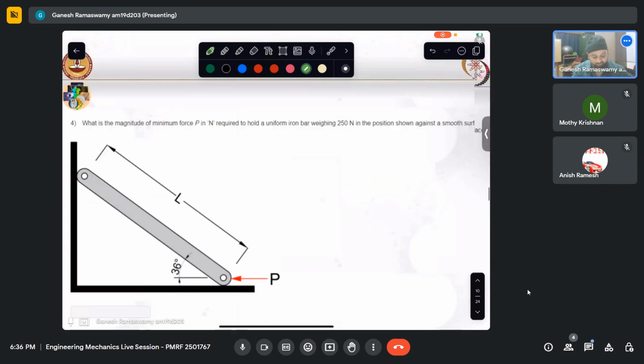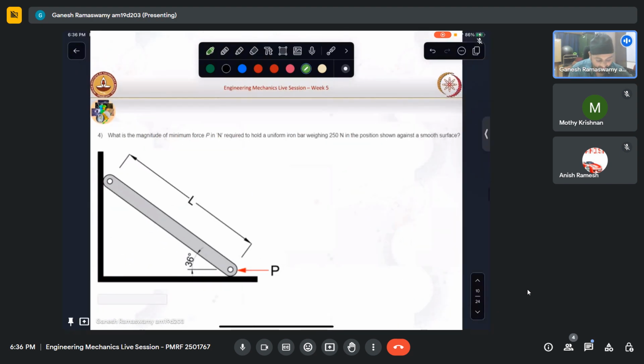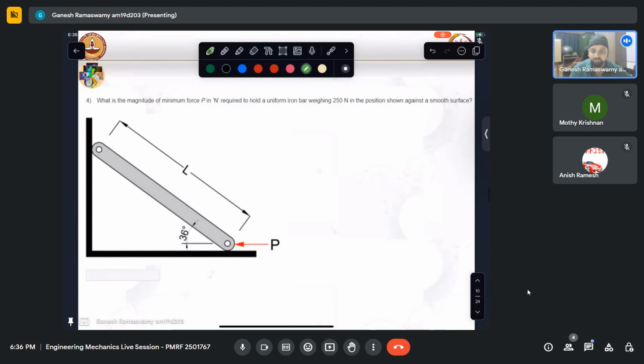Now let us see a very, very mundane application of this problem first. We are trying to find out what is the minimum force P required to hold the uniform iron bar weighing 250 newtons in the position shown against the smooth surface. So these are smooth surfaces, meaning there is no friction. Okay, so we have been given that there is a link like that.